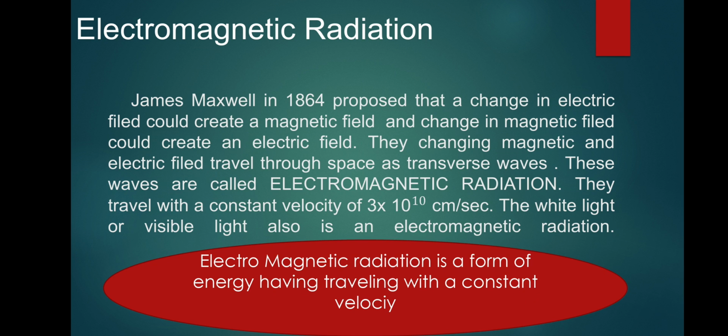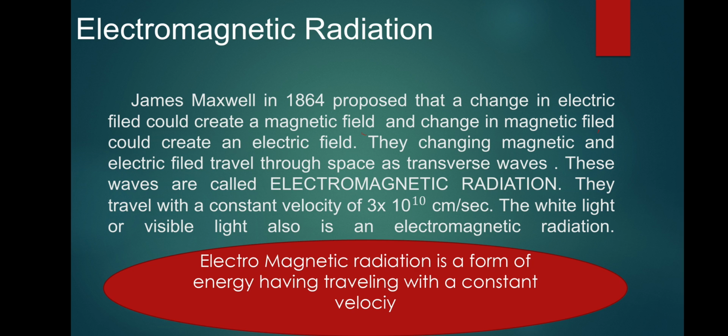Now, before going to the different types of spectroscopy, we should have an idea of what radiation is, what light is, etc. James Clerk Maxwell, a scientist, in 1864 proposed that a change in the electric field could create a magnetic field, and a change in the magnetic field could create an electric field. Till that time, electric fields and magnetic fields were known separately.